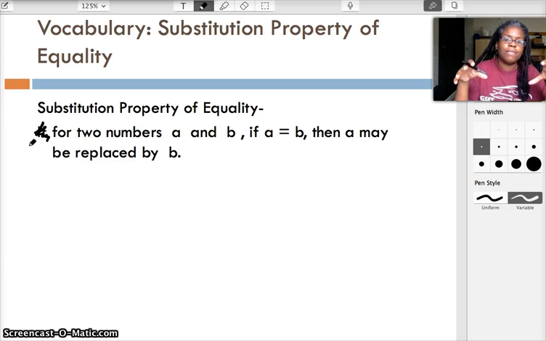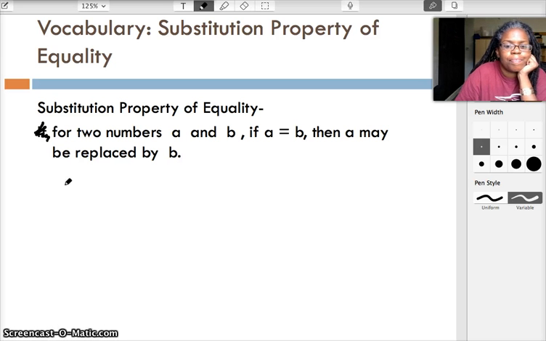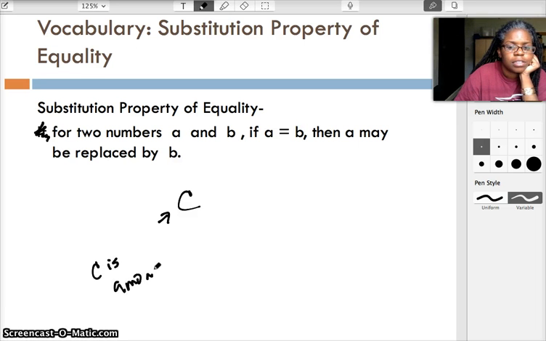So let's go back and kind of unpack the phrase. So it says for two numbers a and b. So if you've got these two numbers, let's say some number a and some number b, if a and b are equal, then a may be replaced by b. Seems really silly. But if I told you that I know that the amount of money I spend on a cup of coffee, so that's what my variable is here, C is the amount of money spent on coffee.